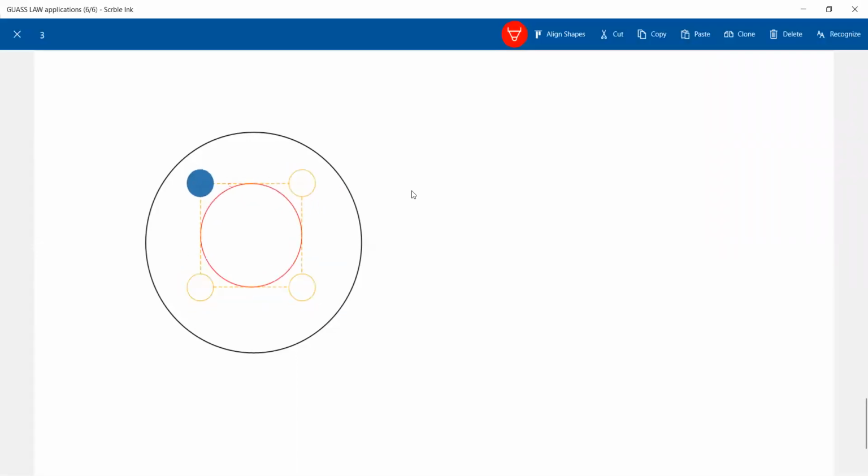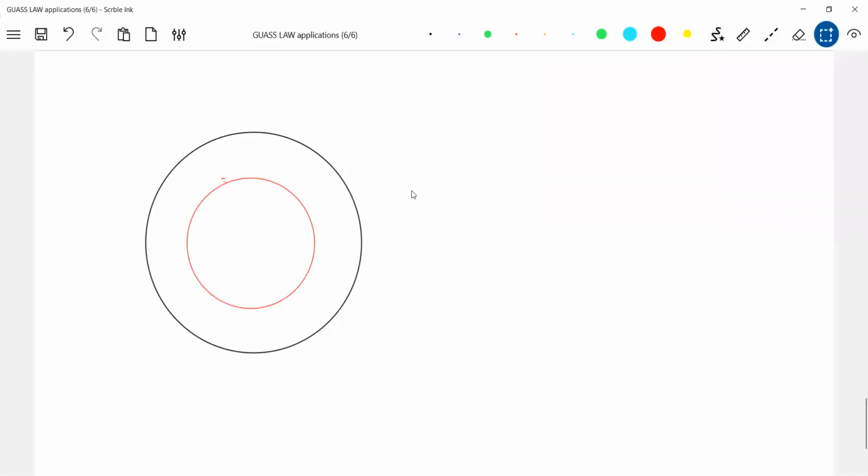So this was the surface. Now, let me take a shaded region. I want the field at this point. This was the point P3 which we took, which we have determined.